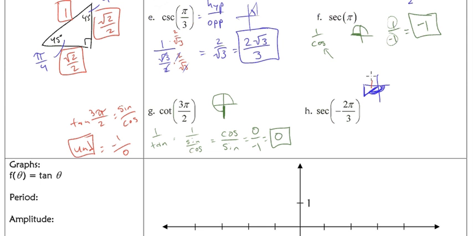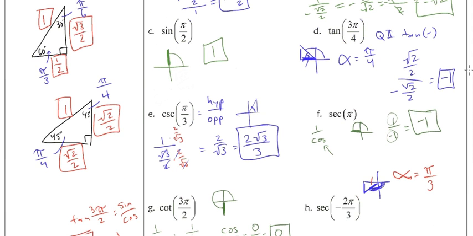And so our reference angle here is going to be 1/3 pi. And so alpha is going to be 1/3 pi, or pi over 3. Which triangle is going to use pi over 3? Well, there we go. Pi over 3.